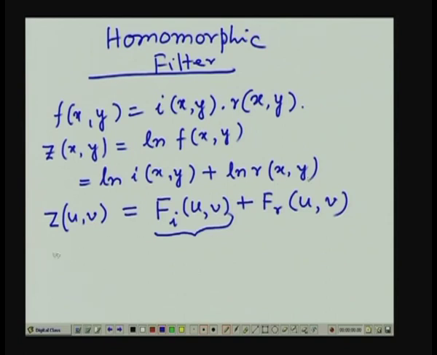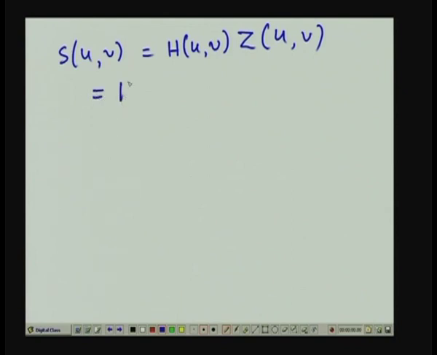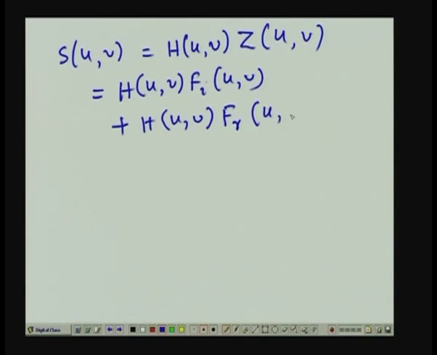Now, if I define a filter H(u,v) and apply this filter on Z(u,v), then the output that I get is S(u,v), which is equal to H(u,v) times Z(u,v), which is nothing but H(u,v) times F_I(u,v) plus H(u,v) times F_R(u,v).